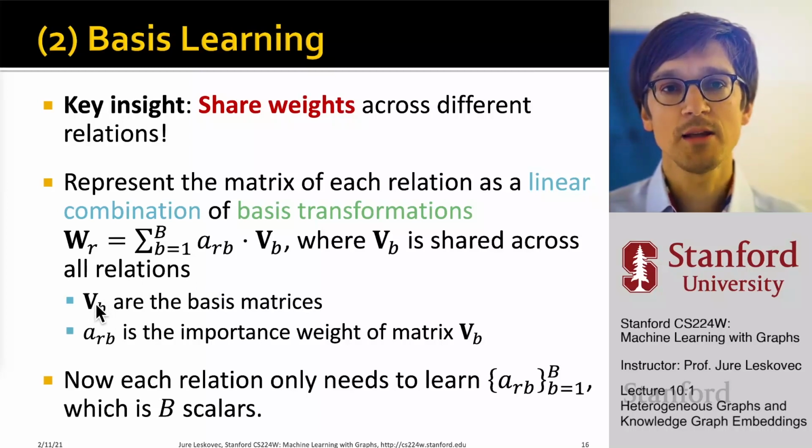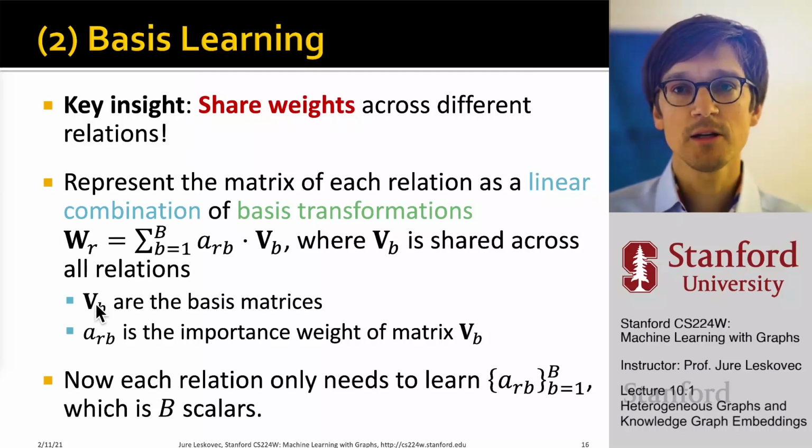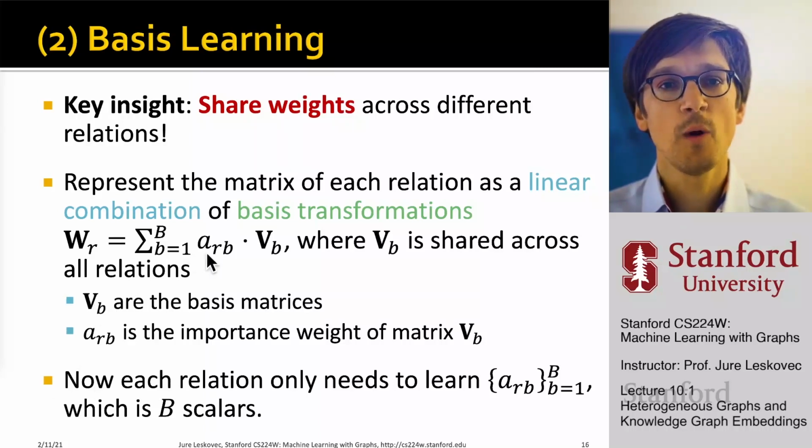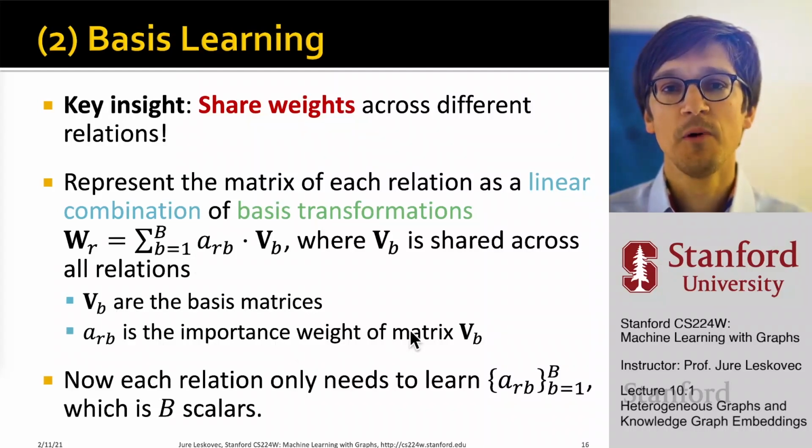So I can think of matrices V as my basis matrices, or my dictionary, and these weights A are the importance weights for each matrix.